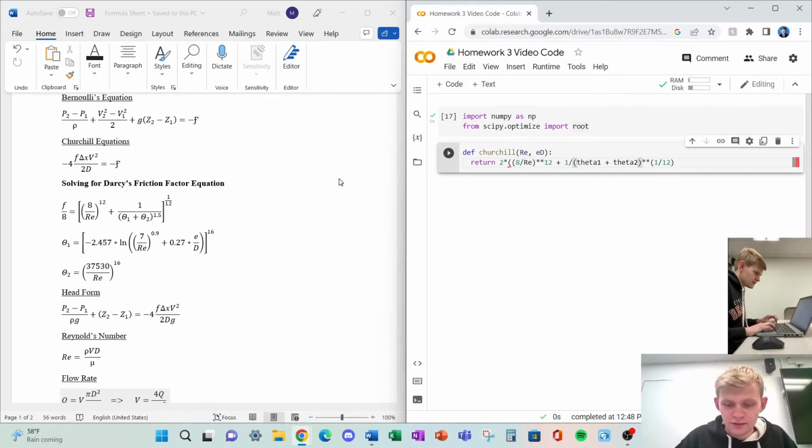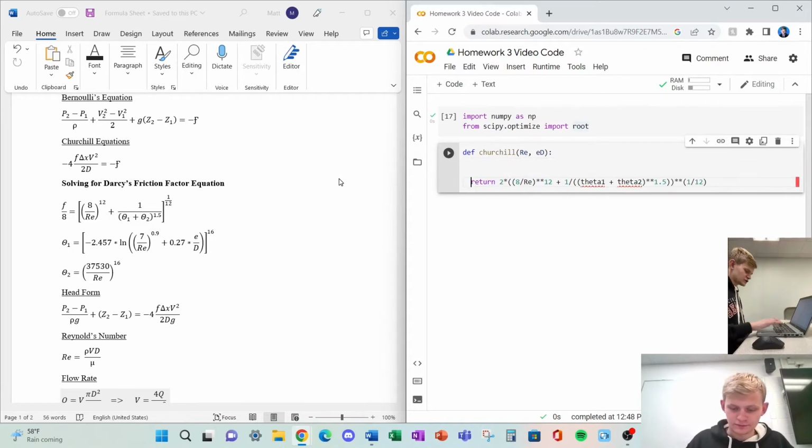And then we're going to close that off, and then we are going to put that to the power of 1.5, which is included in the equation. And just as a preliminary, we're going to make sure that this exponent stays in the denominator.